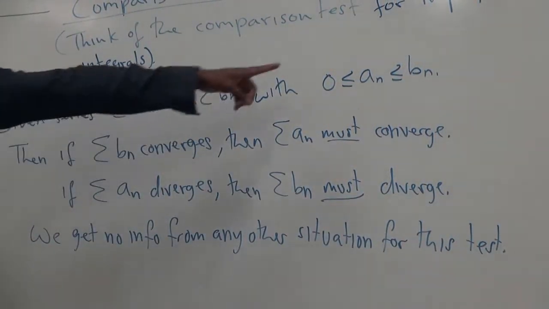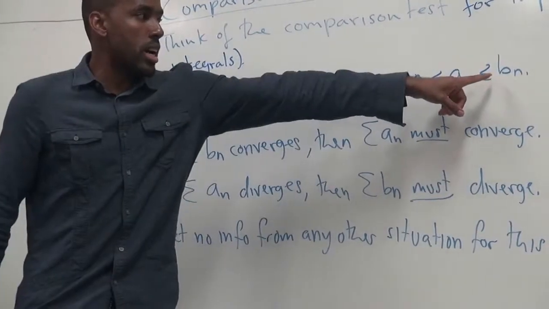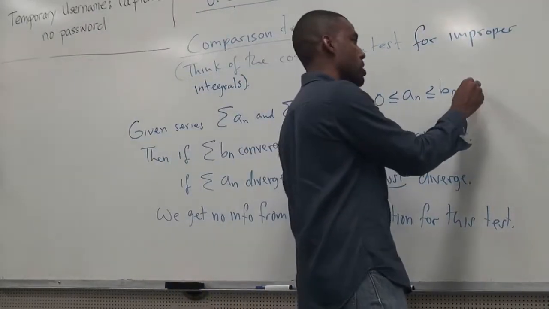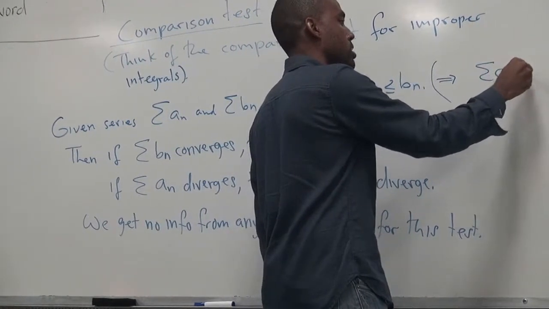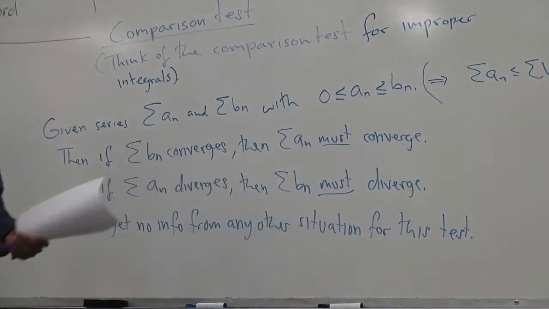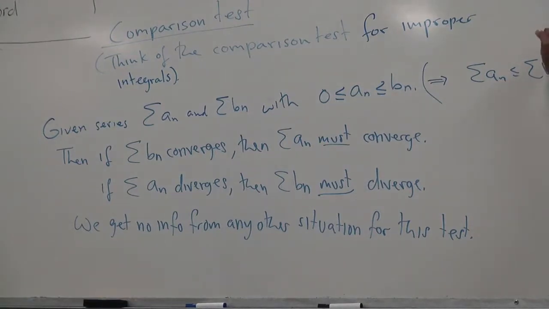Once you can set up this inequality, you know two things. Because of something I told you when we just started series, the series of a_n is less than or equal to the series of b_n. So if the series of b_n converges, meaning it hits a finite number, then the series of a_n has to hit a finite number as well, because it has to be less than or equal.